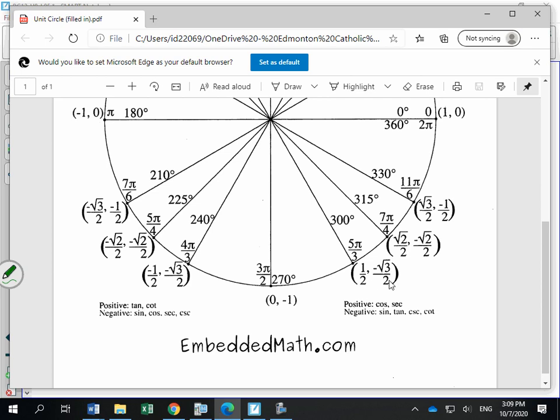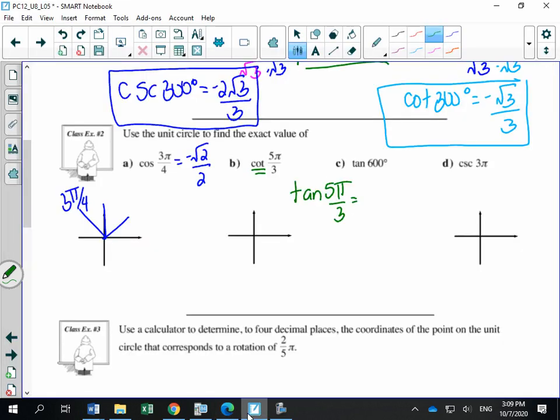So negative root 3 over 2 times the reciprocal of this. So negative root 3 over 2 times 2 over 1. The tan of 5 pi over 3 is negative root 3 over 1. You would just say negative root 3.